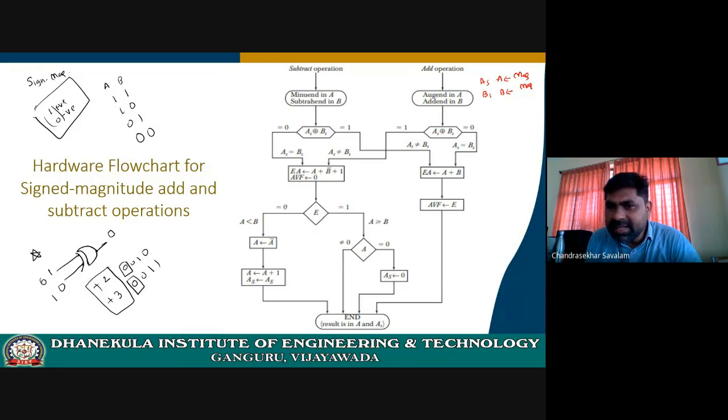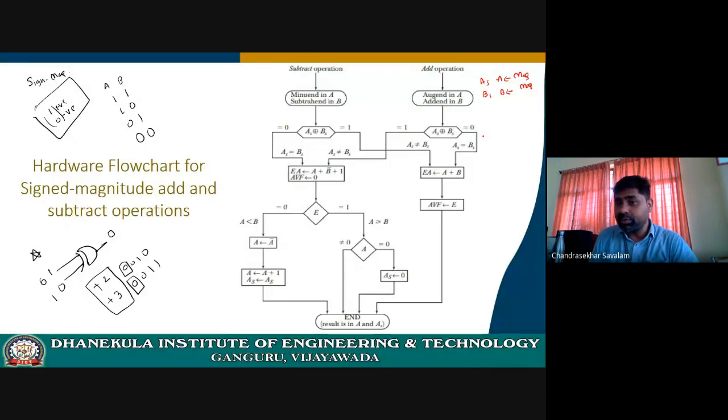So AS exclusive OR BS, here also in subtraction, AS exclusive OR BS. When we add, this is the exclusive OR operation we are doing here. Next step, if the output is 0, what happens, students? What did you understand output 0 means? Yes, signs AS is equal to BS. So the signs of A and B are the same because of the exclusive OR operation. Then what happens?